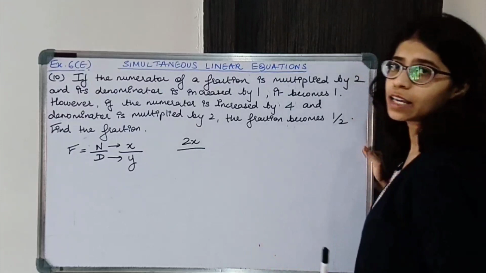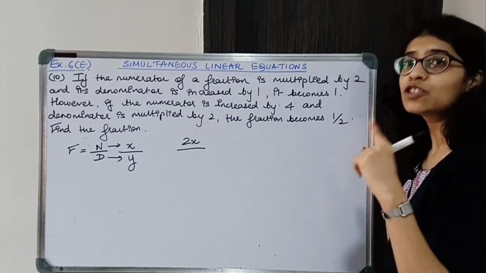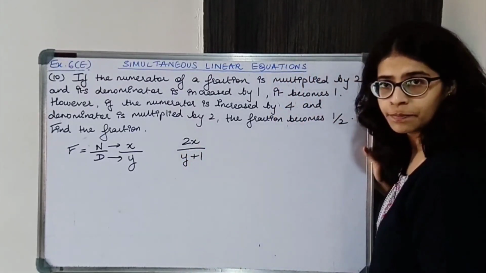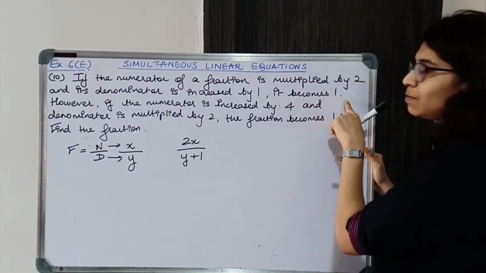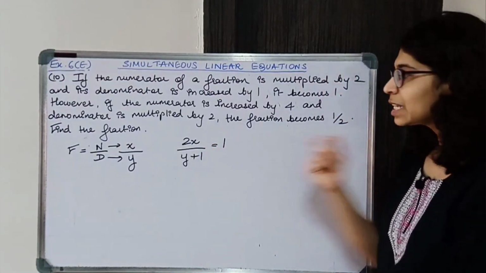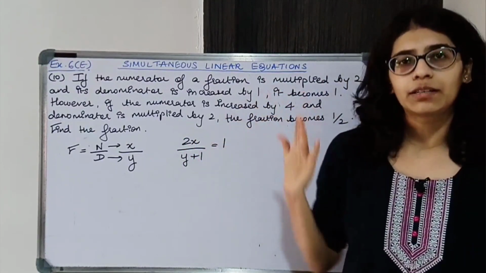Denominator क्या है? y है. You are increasing by 1, that is you are adding 1, so y plus 1. Then the fraction becomes 1. It means इसका value is equal to 1.